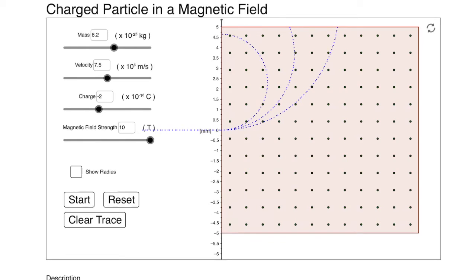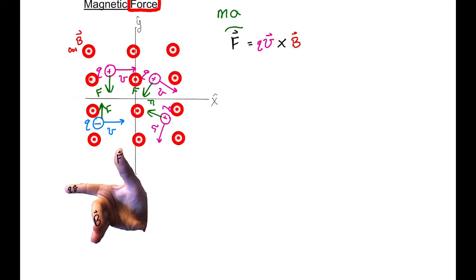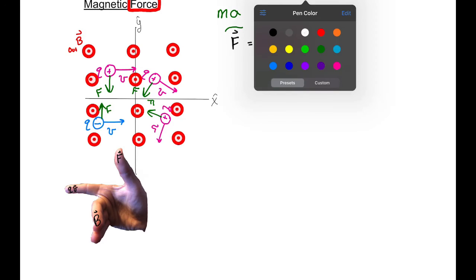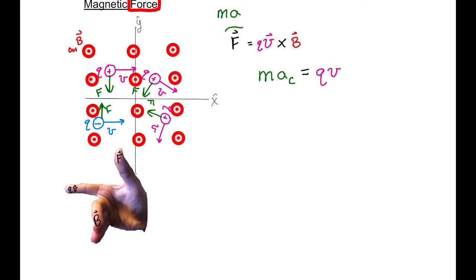So let's write out the different aspects of the force equation and see if we can find this dependence on B and M like we see here in the simulation. So let's go ahead and write out the details of force, Q, V, and B. Oftentimes we find the force being written as MA, but the A is centripetal because this force is always perpendicular to the V. So then we'll set that equal to QV cross B. Let's take a cross product, a sine of 90.